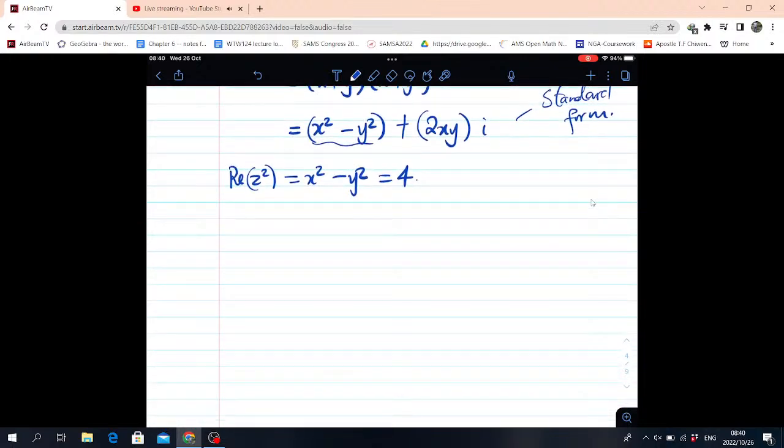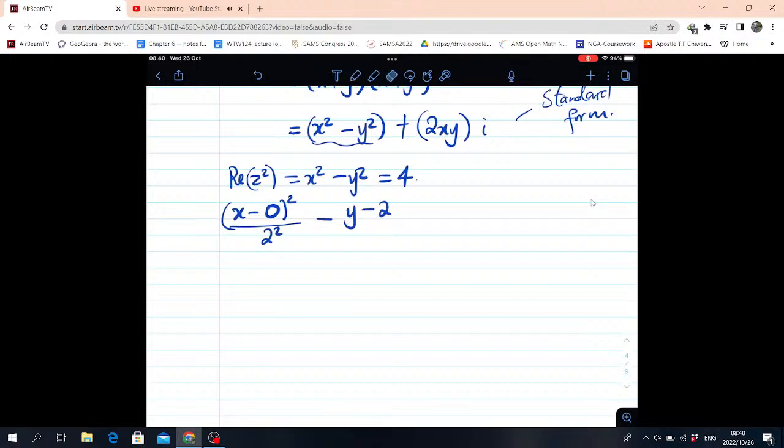So if you go back to chapter 5, you will realize that this is something that is familiar. So I'm going to rewrite it. So this can be written as x minus 0 squared over 2 squared. If we divide by 4 throughout, right, we end up with something like this.